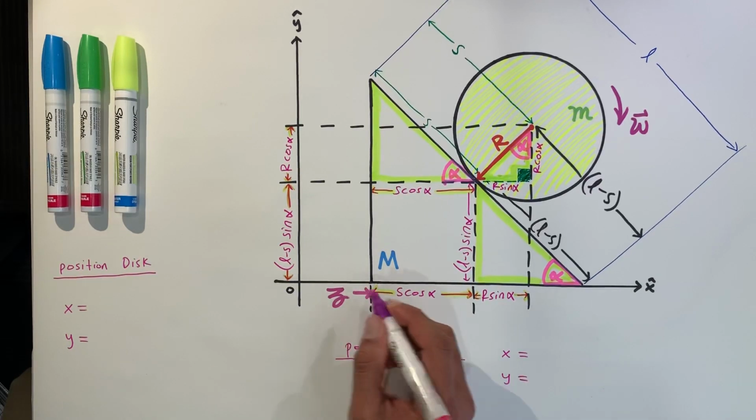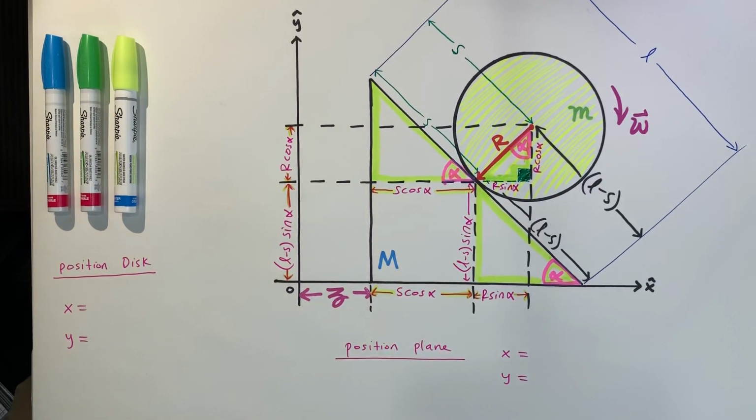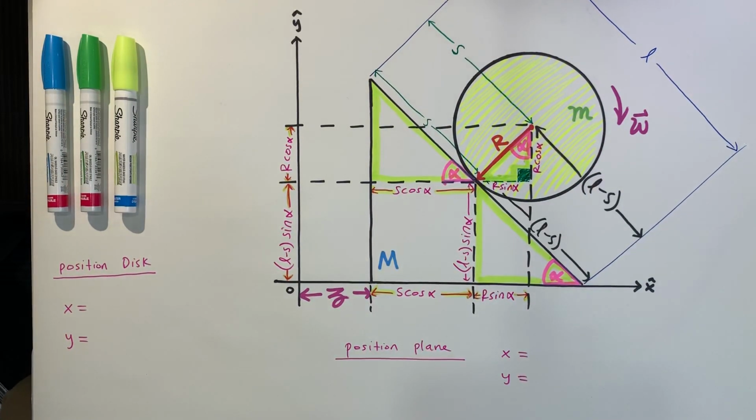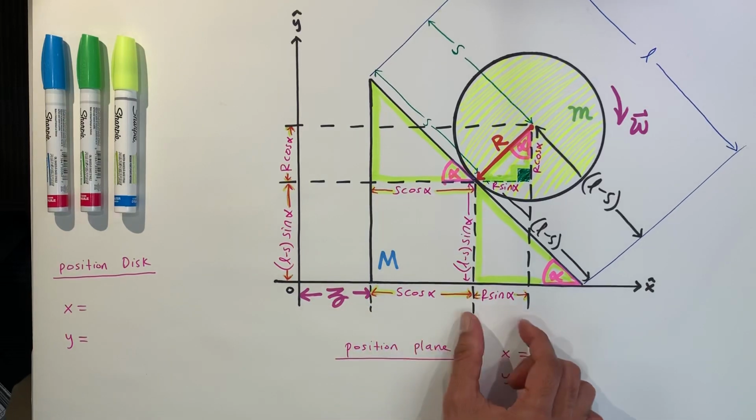Kind of looks like a Z. Okay, I'm gonna label it that. But this here changes with time. The S does not change with time because the S here is set in stone as far as the distance goes. But when I solve for the equations of motion, I'll show in detail which ones we can take derivatives of and which ones we can't. So for now, we just know that this one can change because the plane is moving. And now we have everything that we need, all right?